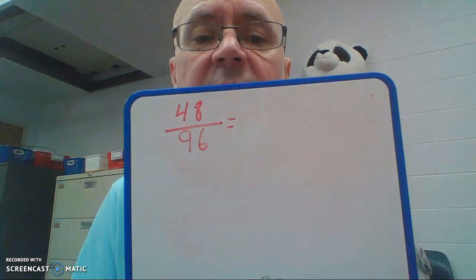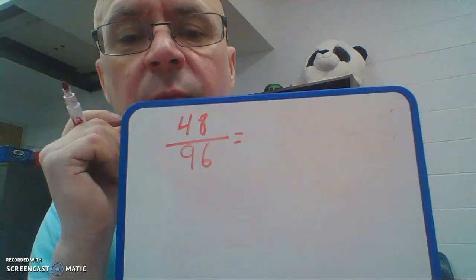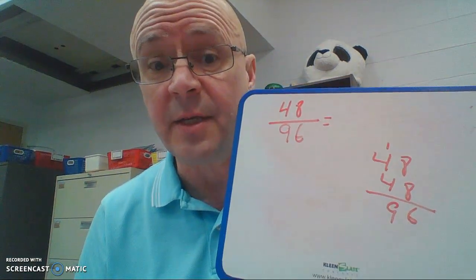Right? You could have done it that way. Or if I go all the way back to the beginning, if I'm really, really smart, I might have said, wait a minute, 48 plus 48 is 96, isn't it?